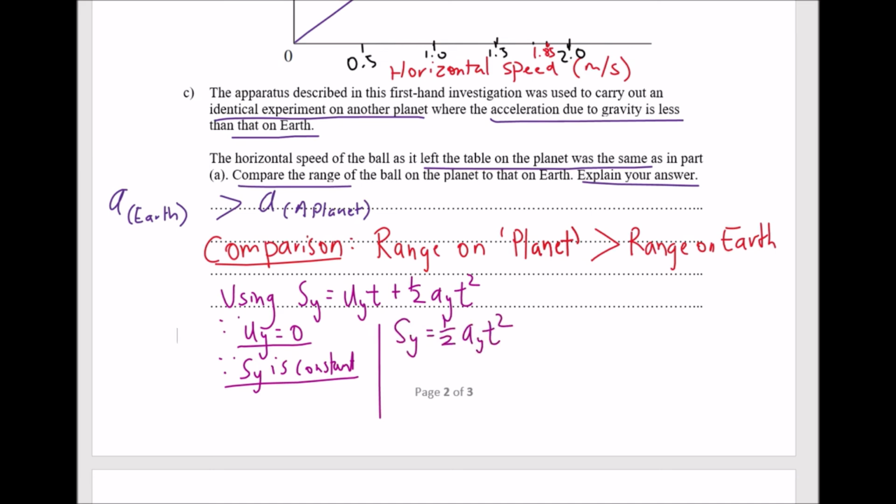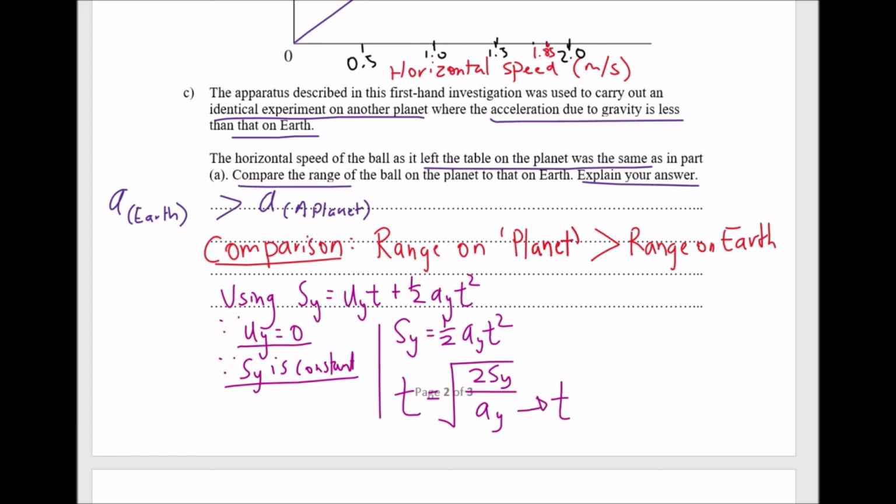If I want to make t the subject, it becomes t equals the square root of 2sy over ay. Now we know that sy is a constant value, and because 2 is also a constant value, we can assume it's also just another constant.